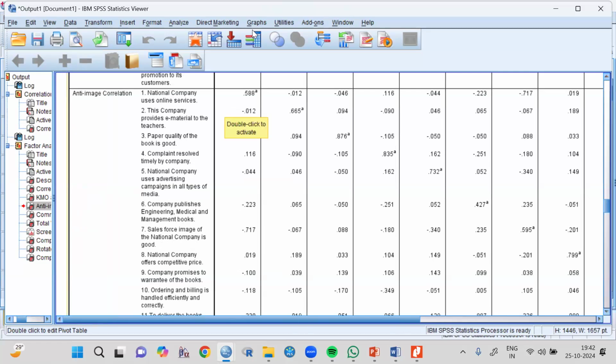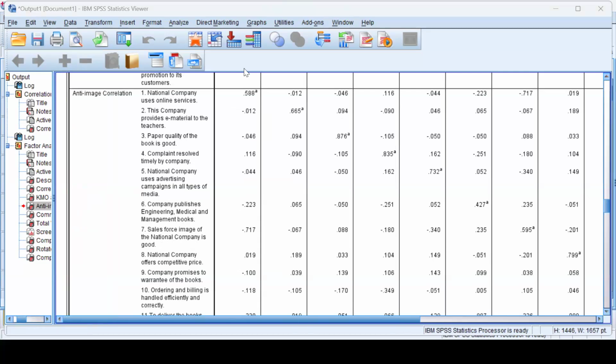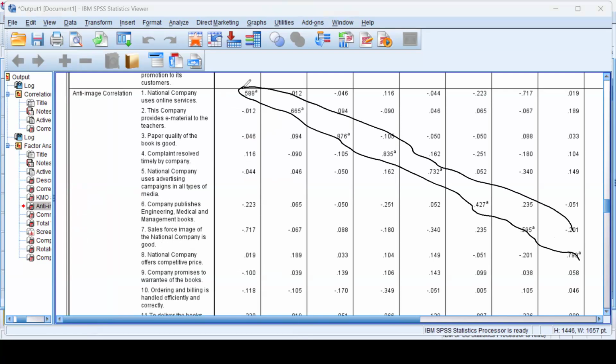And we will take the principal diagonal. This is my principal diagonal, see. So we will check whether all the values inside this principal diagonal are greater than 0.5 or not.